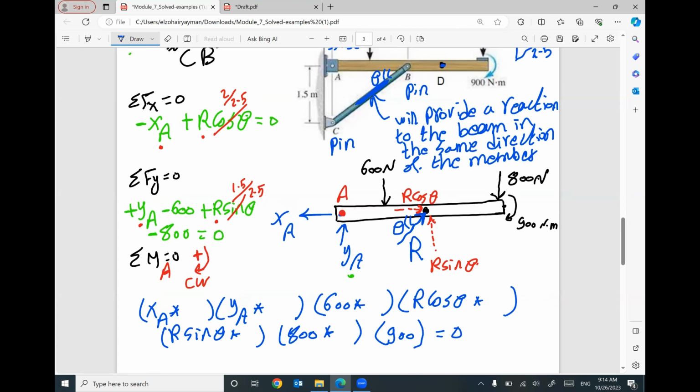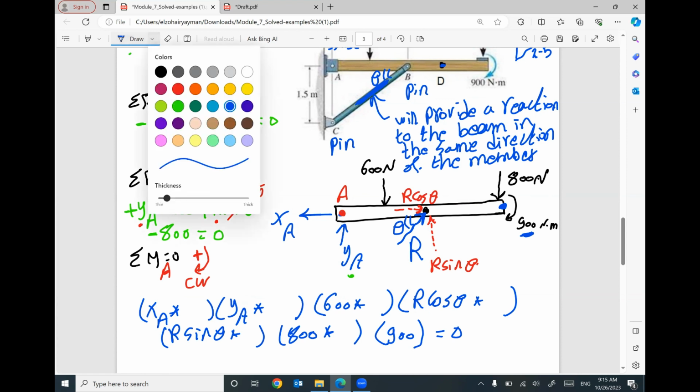Be careful, and pay attention to this. 900, this one is a moment. It does not need distance. So don't think about any distance for this moment.